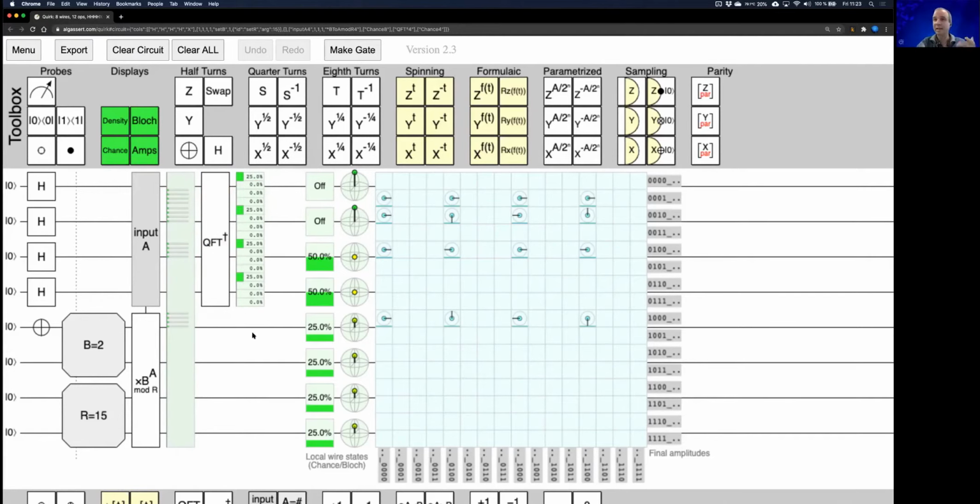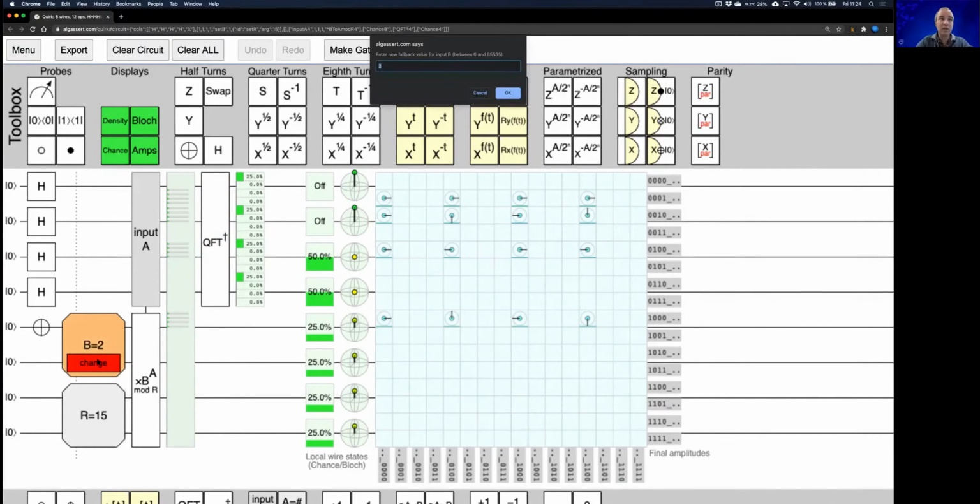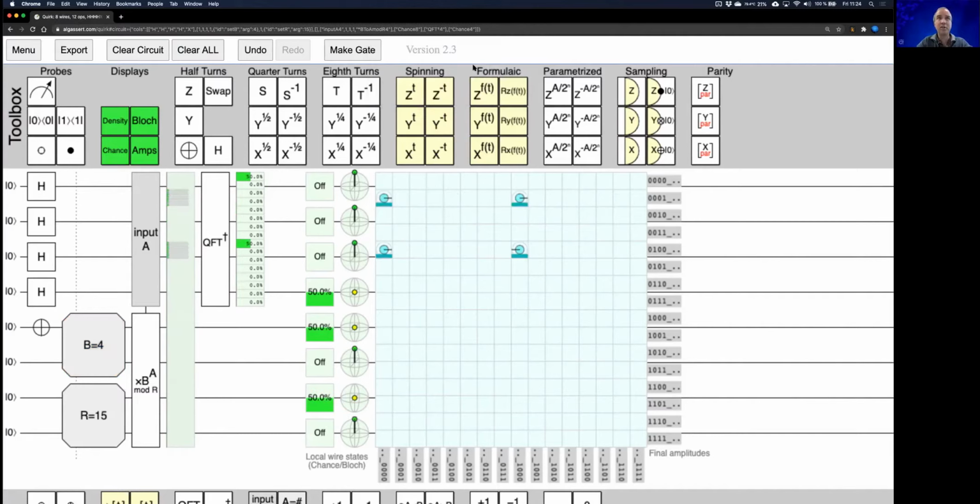Okay, so this is exactly what we were seeing in the slides, but now in a graphical way. If I change here the value, this is something that you have in the links that I have used in the slide. For instance, if I change this to 4, now I have different values because the period, instead of being 4, like in the case of 2, it's 2.